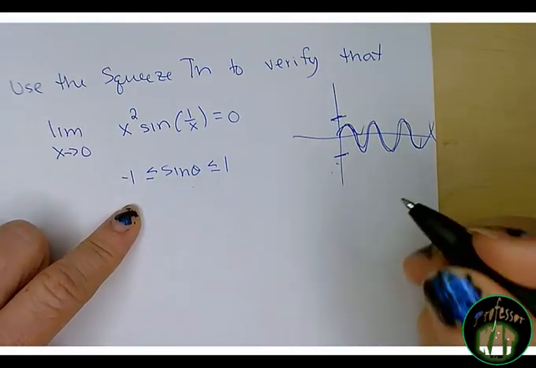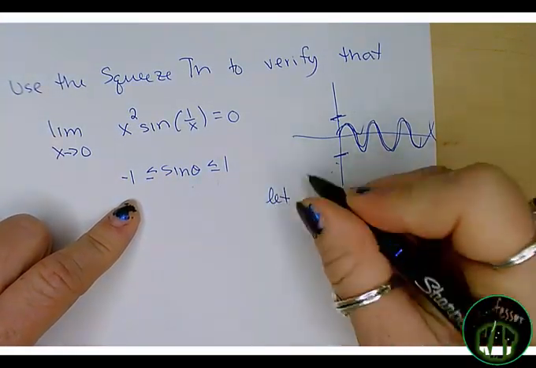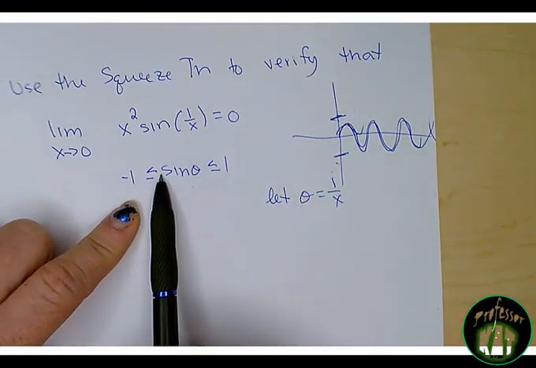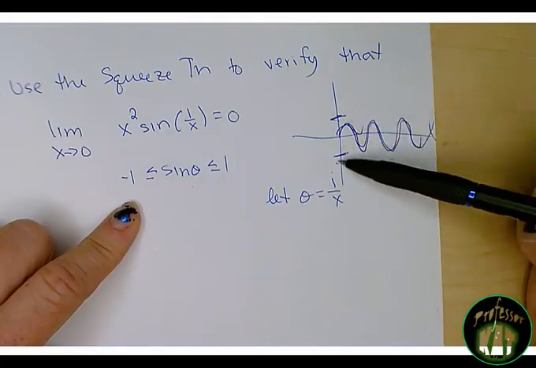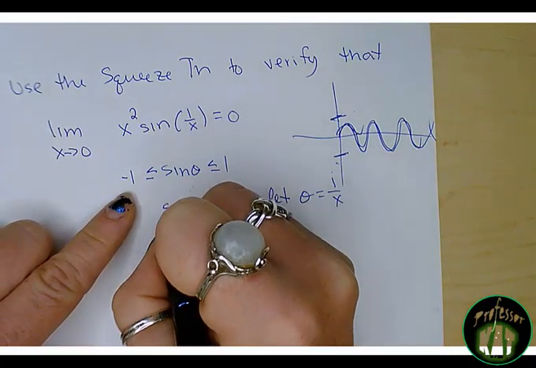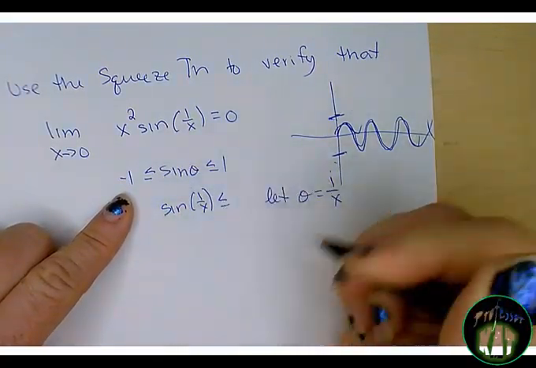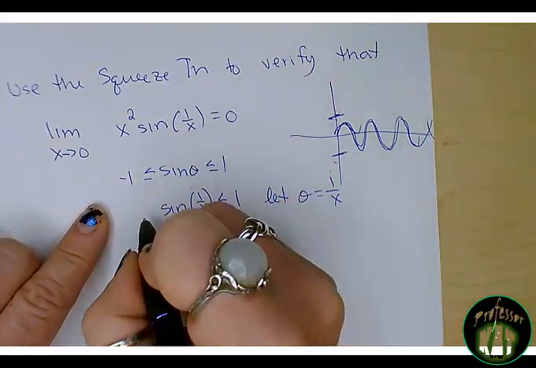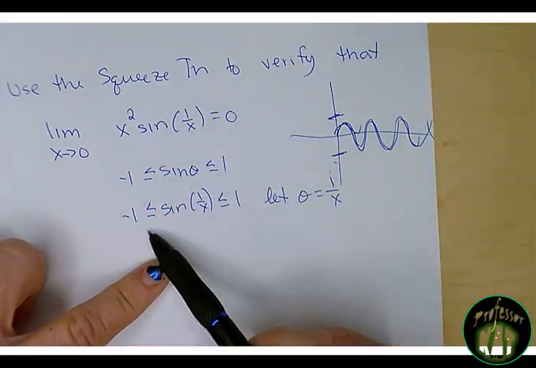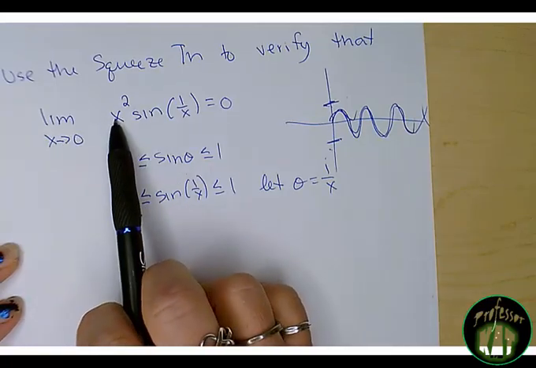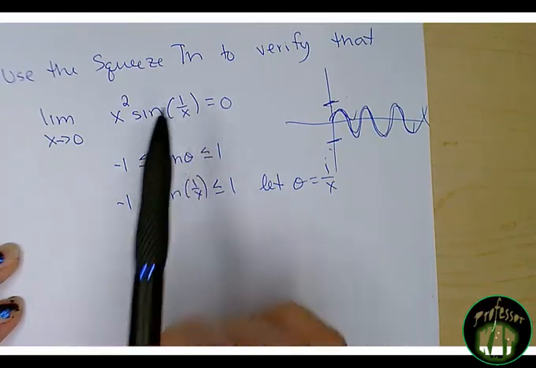Sine is always going to stay within these parameters. Now, if this is true, let's say that theta is going to equal 1 over x, because sine of anything is going to be between +1 and -1. So sine of 1 over x is going to be between -1 and 1. Now, we need to show that the limit as x approaches 0 of x squared times sine of 1 over x is equal to 0.